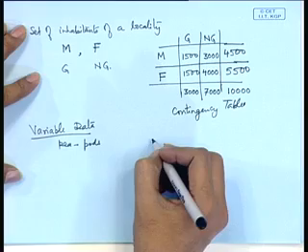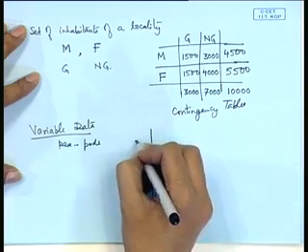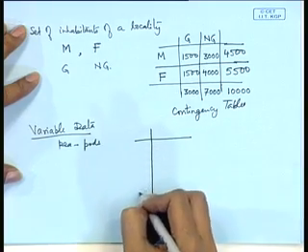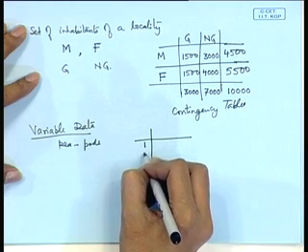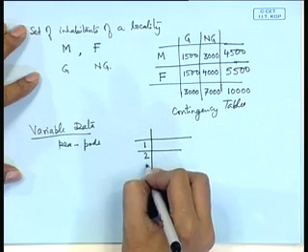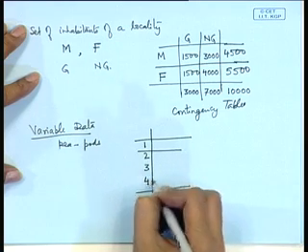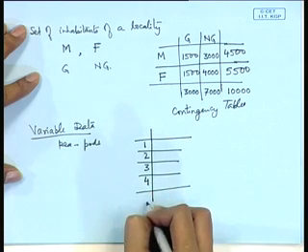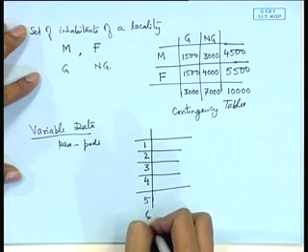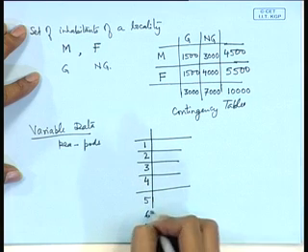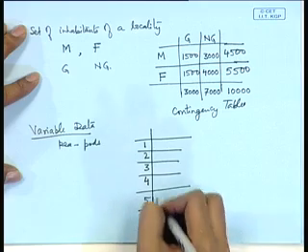There may be no peas, there may be 1 pea, 2 peas and so on. Finally, we classify. If it is 0, we neglect it. Out of 198, how many are having 1, how many are having 2, how many are having 3, how many are having 4, how many are having 5, how many are having 6 and how many are having 7 peas.